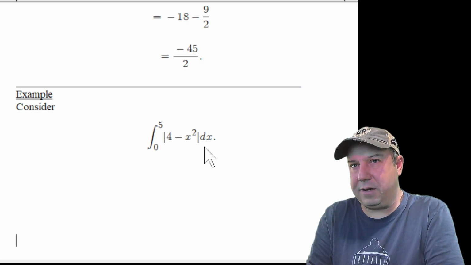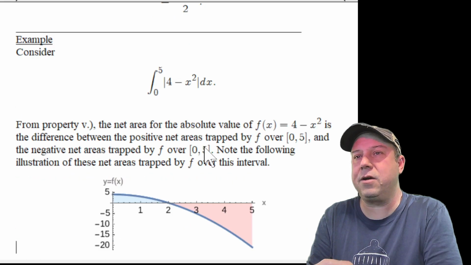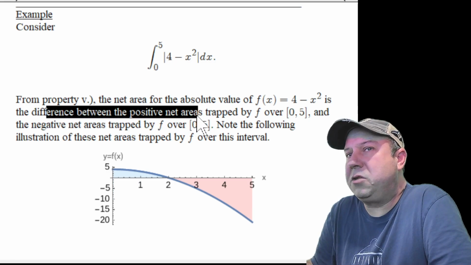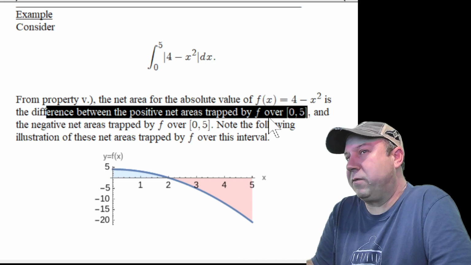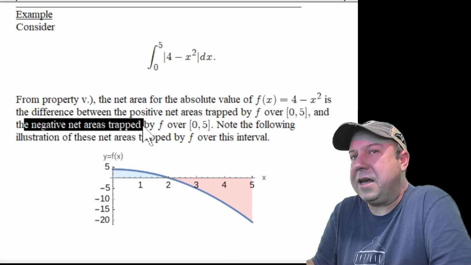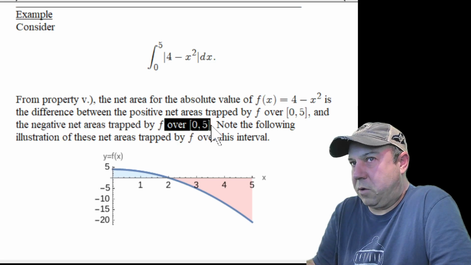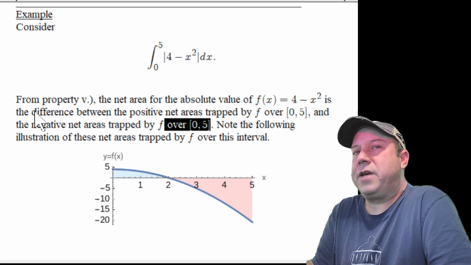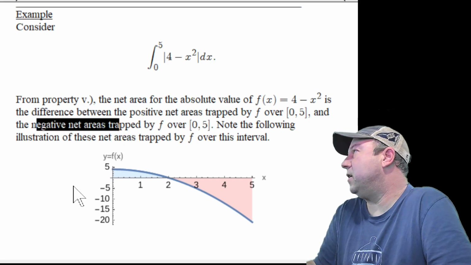What we're calculating in the case for absolute value, right? Remember, the net area for the absolute value of 4 minus x squared is actually going to be the difference between the positive net areas trapped by f over that interval from 0 to 5 and the negative net areas trapped by f over that interval from 0 to 5. We're going to take the difference between the positive net areas and the negative net areas.